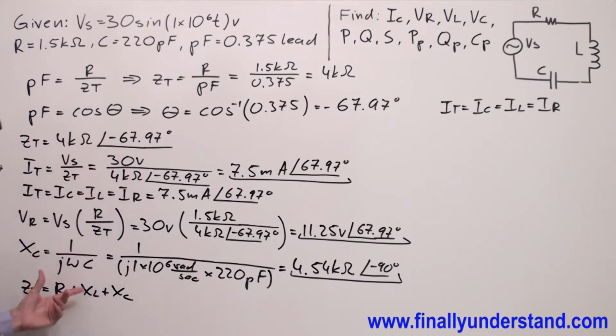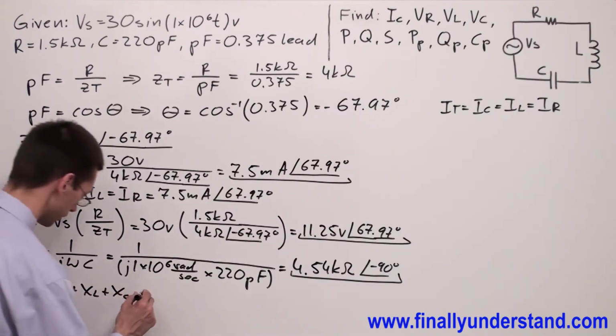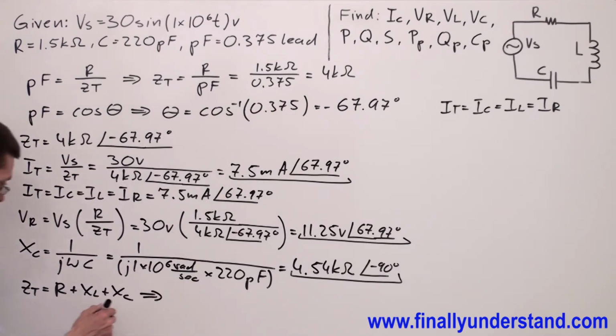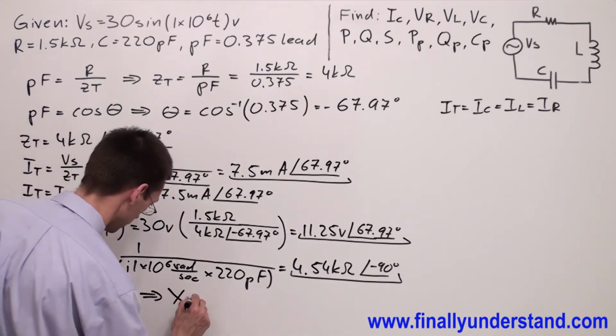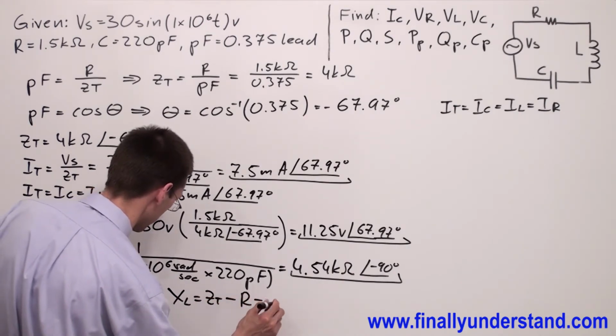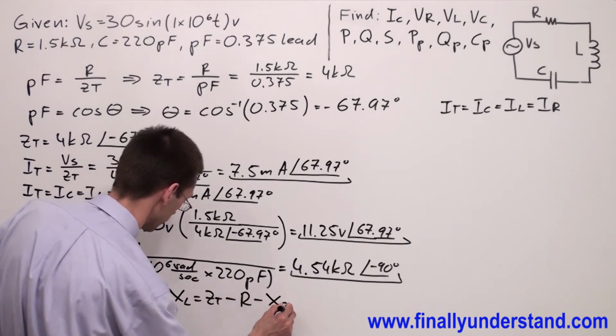If I have angle, I can use this formula. So in order to find X of L, I'm going to solve this formula for X of L. X of L is equal to Z total minus R minus X of C.